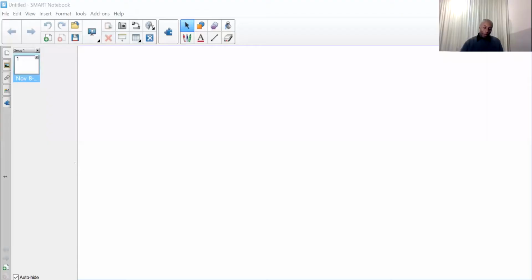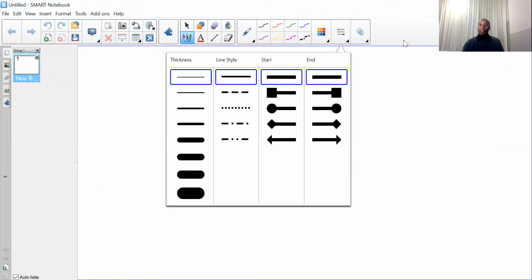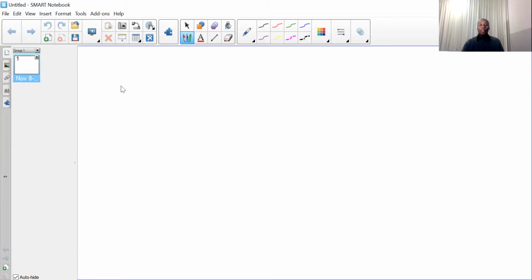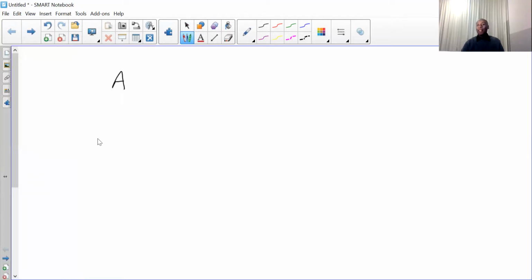All right, so here I've got a whiteboard, and here I've got my youngster, A. Youngster A says that they know their 3 times table, and I say, go on then, what's the 3 times table?